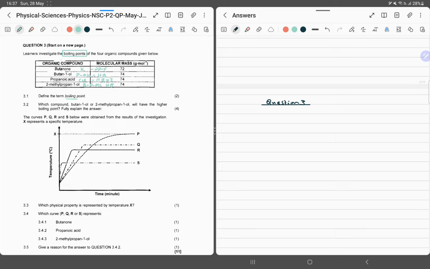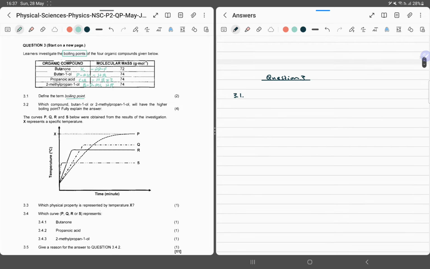Okay, now it says define the term boiling point, 3 marks. So 3.1, we know that it is the temperature at which the vapor pressure of a substance is equal to the atmospheric pressure.